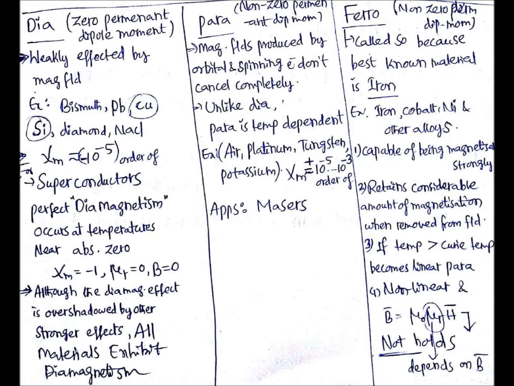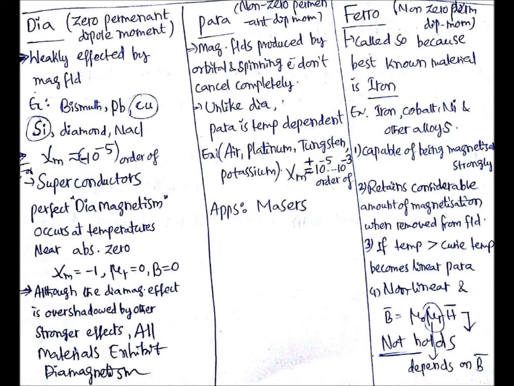And in case of ferro, which has a non-zero permanent dipole moment as para, these are called ferro because the best known material is iron. These materials are known as ferromagnetic materials because iron is the well known material having the characteristics of these materials.